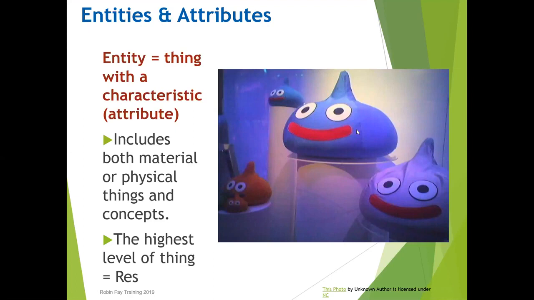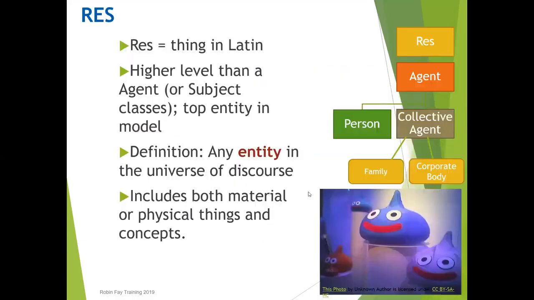And in this hierarchy, and we're about to look at it in just a minute, the res is the highest level thing. And thing in Latin means res. That's all it means. And we're actually going to look at the whole model in a minute, but this is my little snippet of a model.